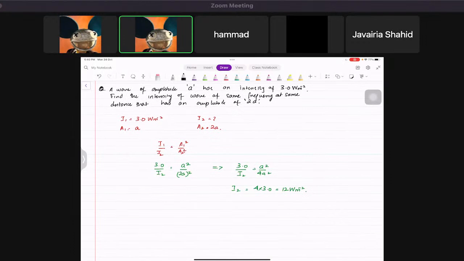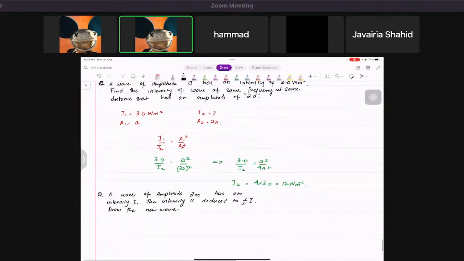So they say a wave of amplitude 2 meter has an intensity I. Then the intensity is reduced to half I. Draw the new wave.